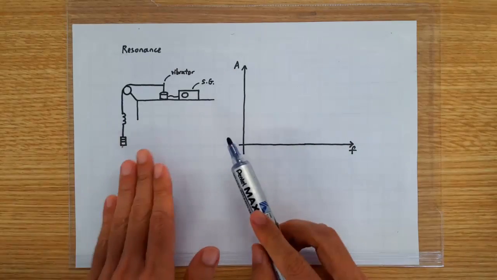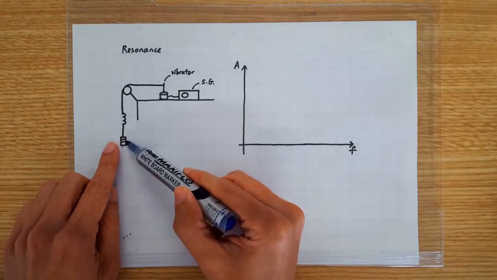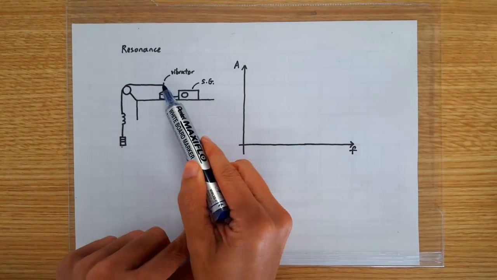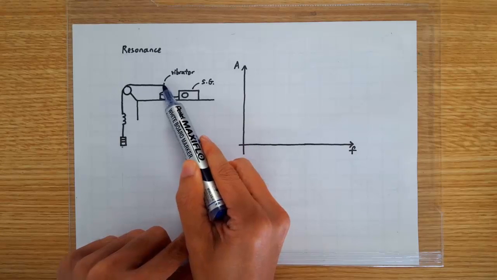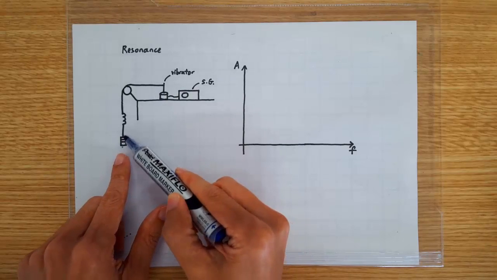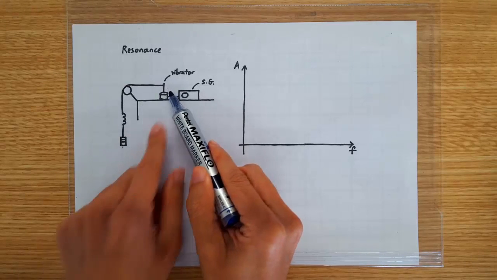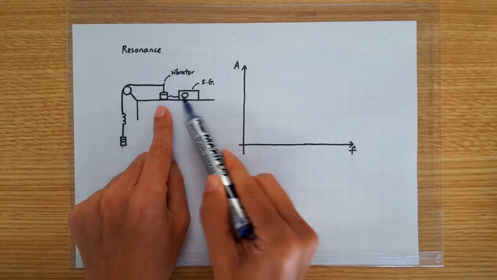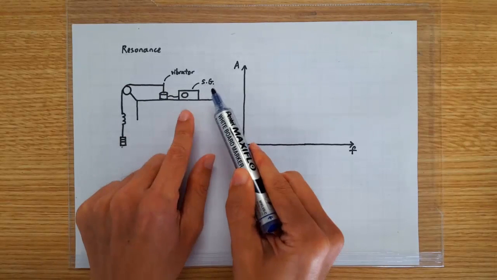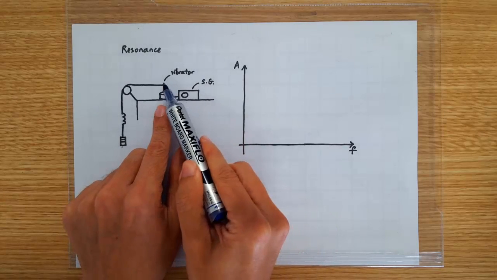A second way is to force this guy into oscillation through another oscillation here. So we connect the mass and the spring to a vibrator, which is connected to a signal generator, so we can control the frequency at which the vibrator is vibrating.